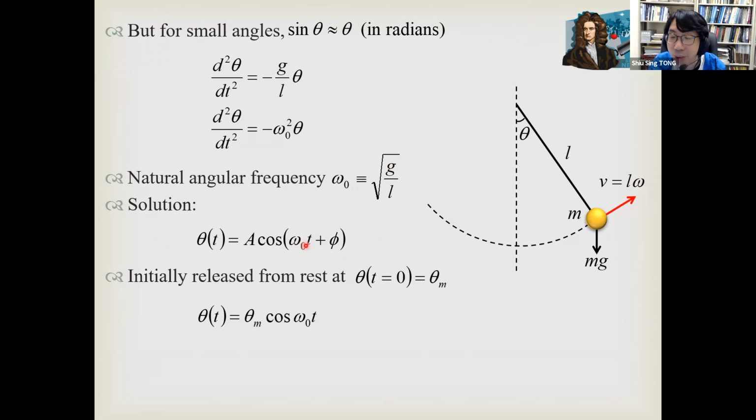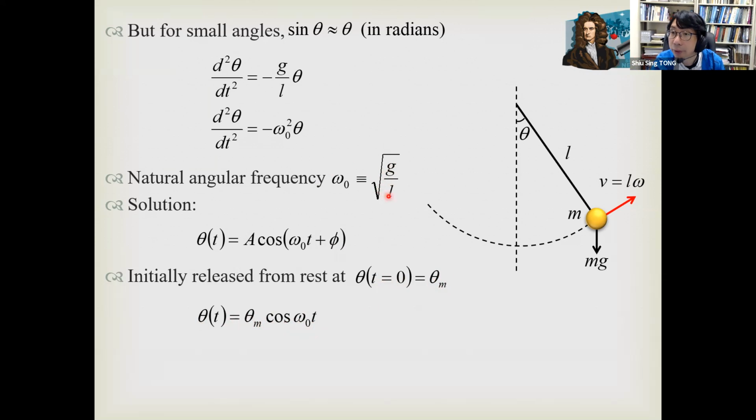So the general solution, you can also copy it, is given by A cosine omega naught t plus phi, where A is the amplitude, and A and phi depend on the initial conditions. For a particular case, if the bob is released from rest at its highest position, when theta at t equals 0 is equal to theta m, and theta dot is 0 initially, then we simply get the cosine term with amplitude equal to theta m.